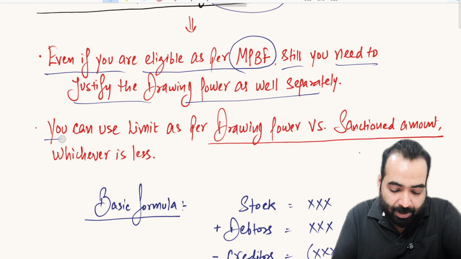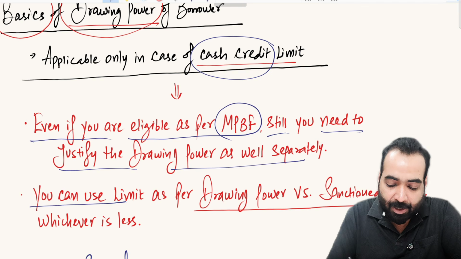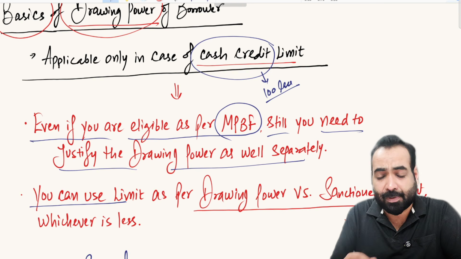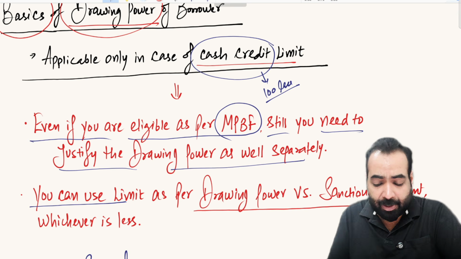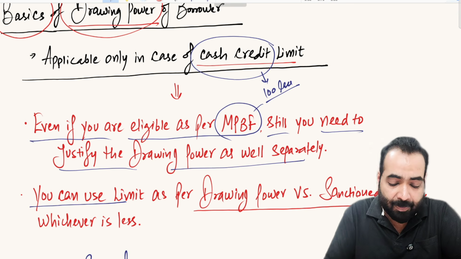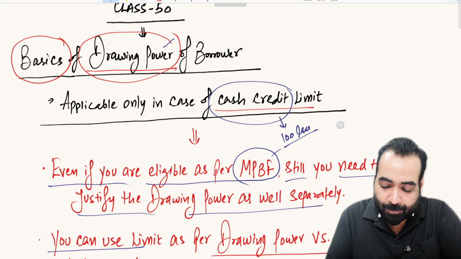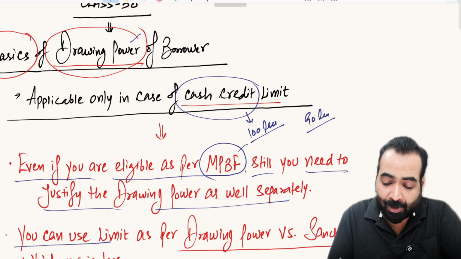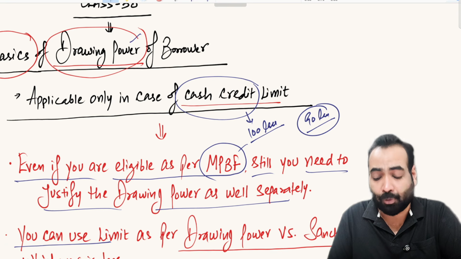Suppose you have been sanctioned a cash credit facility of rupees 100 lakhs as per the MPBF norm, and your drawing power comes to rupees 90 lakhs. Then you cannot use the cash credit limit beyond rupees 90 lakh. You can use up to 90 lakh only, right?